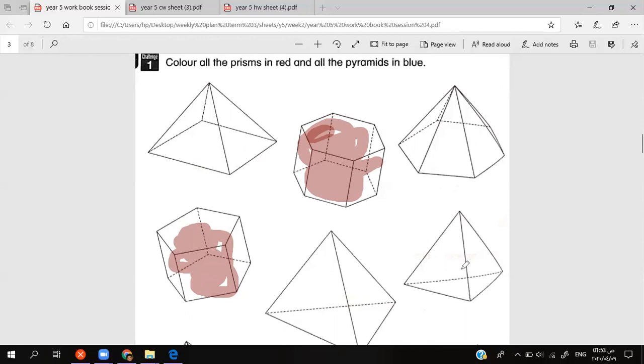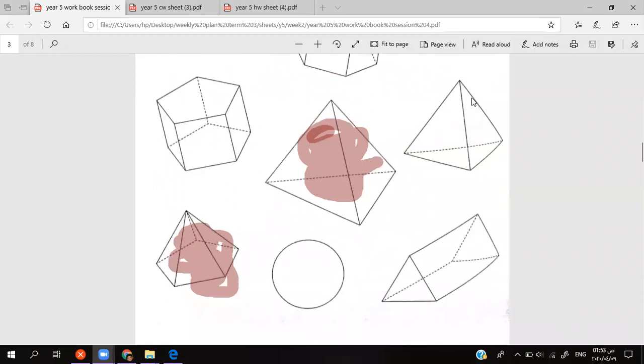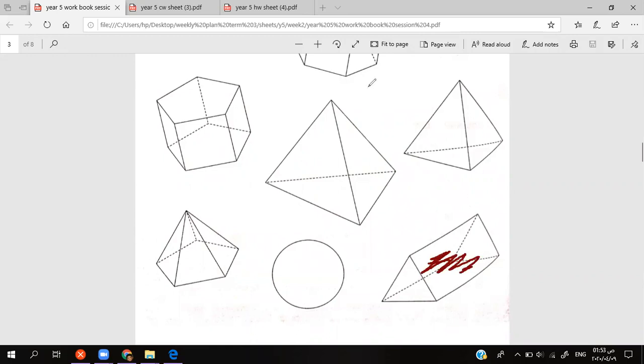No. Any other prisms? Yes. One second. This is also a prism because it has a triangle and a triangle. It has identical ends. So this is also gonna be red, like that.